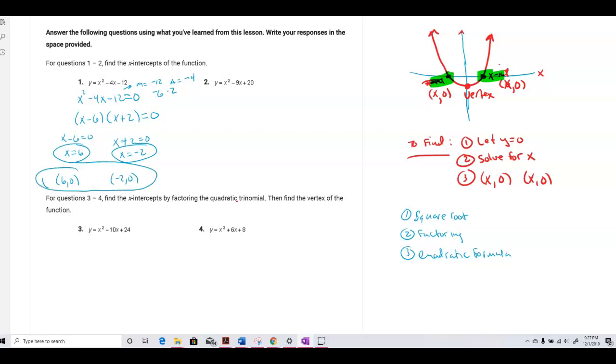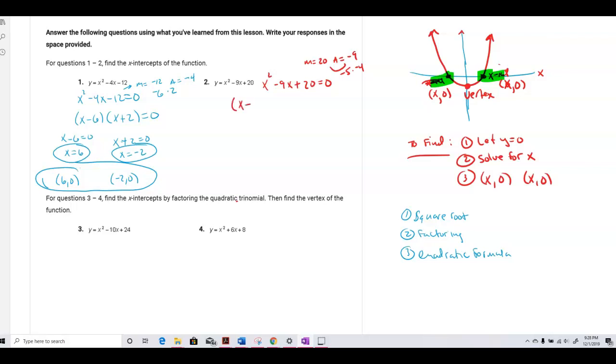Okay, so again, all I did was let y equal 0 and solve the quadratic. For the next one, again, let y equal 0, so I get x squared minus 9x plus 20 equals 0. Are there numbers that multiply to give me 20 and add up to negative 9? Negative 5 and negative 4 multiply to give me 20, and they add up to negative 9.